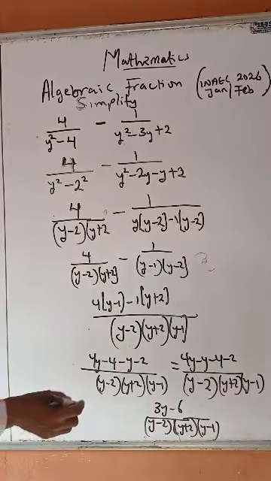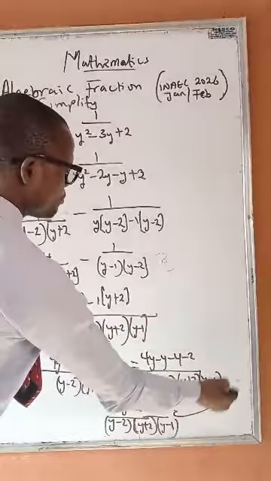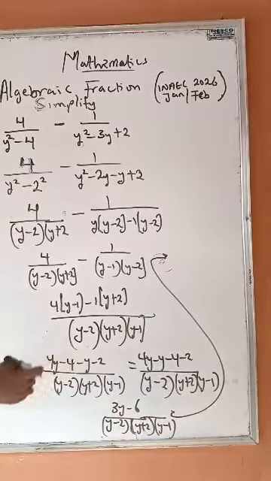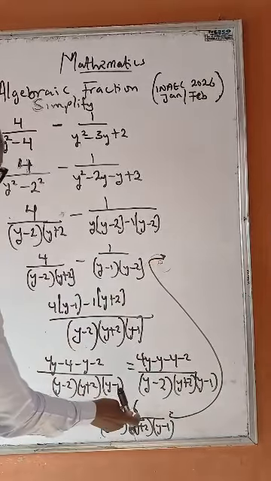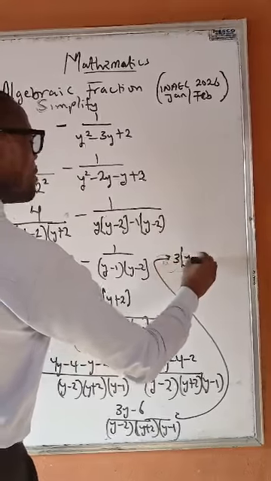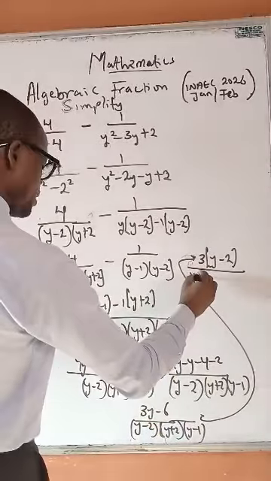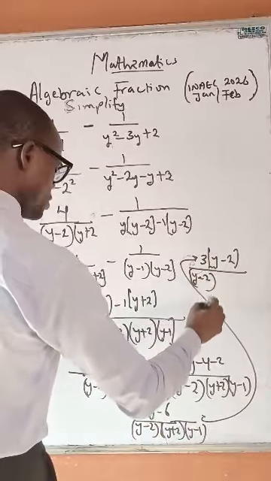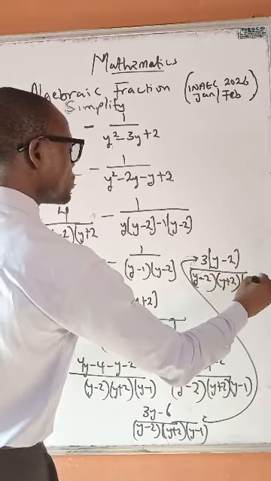Now, if you look at it very well, let's continue from here. Let's bring it down to this place. So here, let's factorize. We now have 3y minus 6, that is 3 into y minus 2, everything over the denominator y minus 2 into y plus 2, then y minus 1.